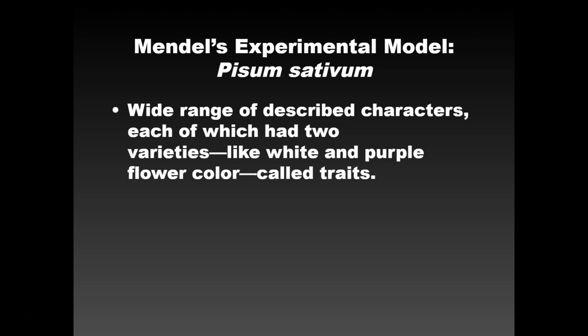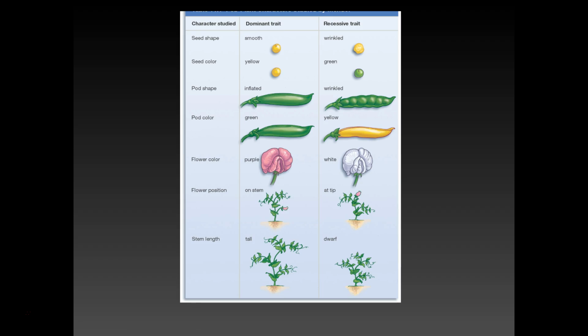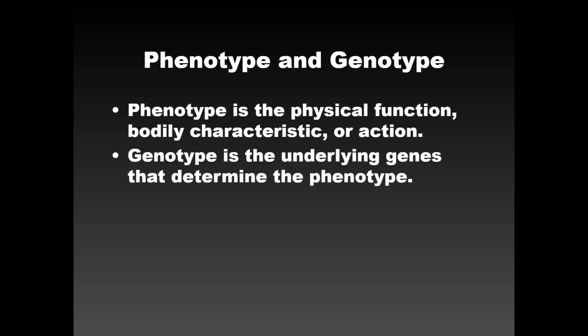He picked a model system, that pea plant, and he picked a bunch of characters that are easy to look at and very often follow Mendelian genetics. So he was looking at seed shape, seed color, pod shape, pod color, flower position, and stem length. I haven't really read up on this, but he probably looked at more than these; these are the ones that performed well and made sense for his study.